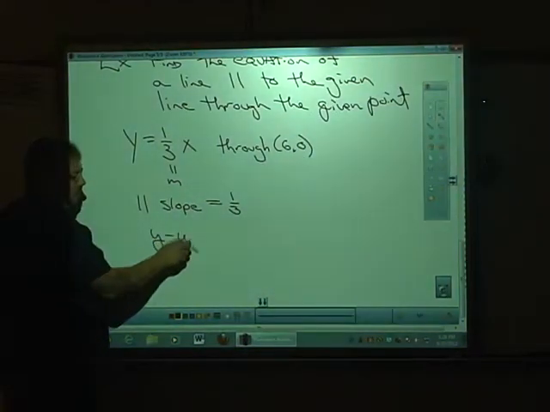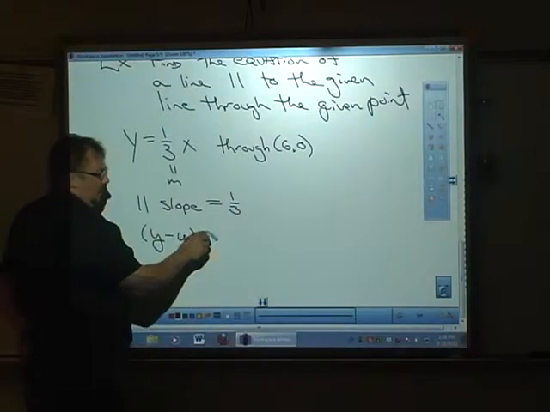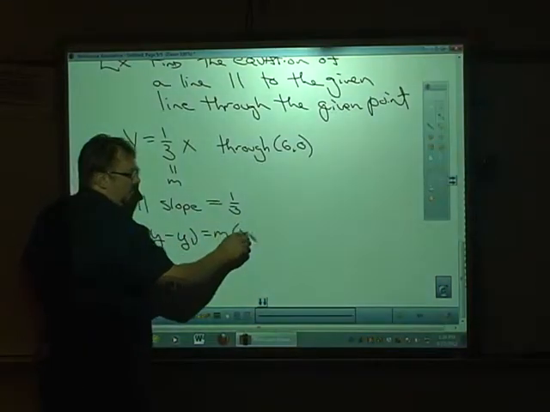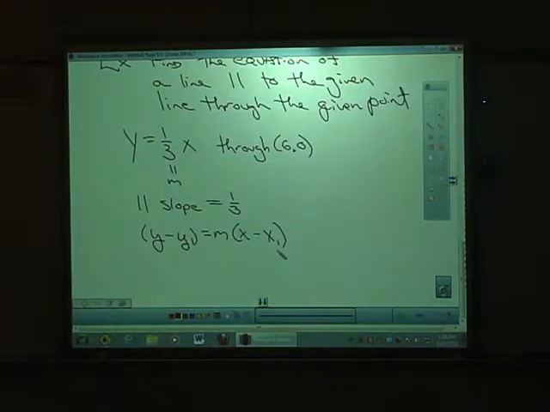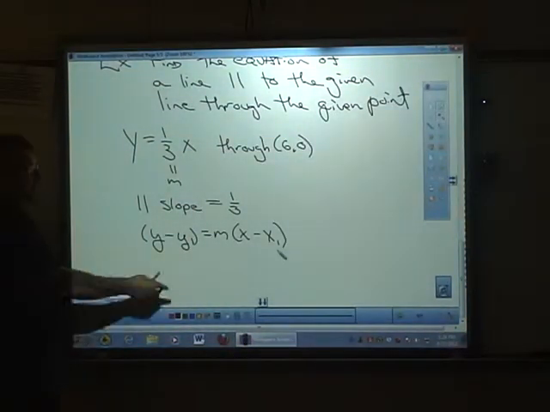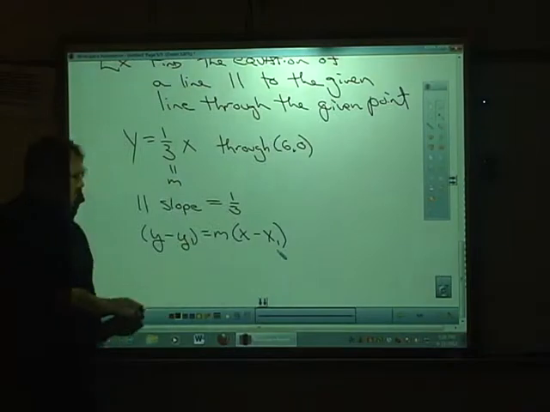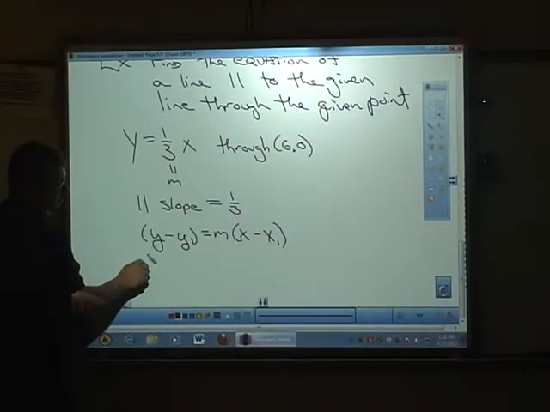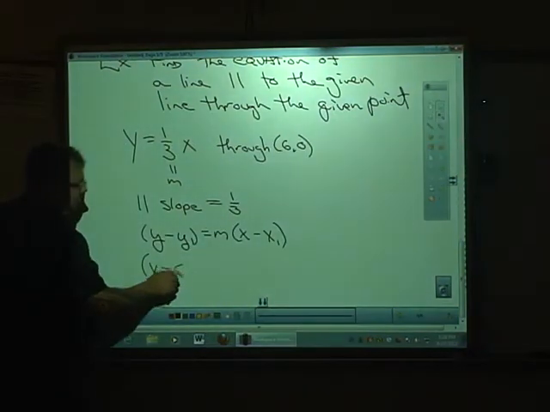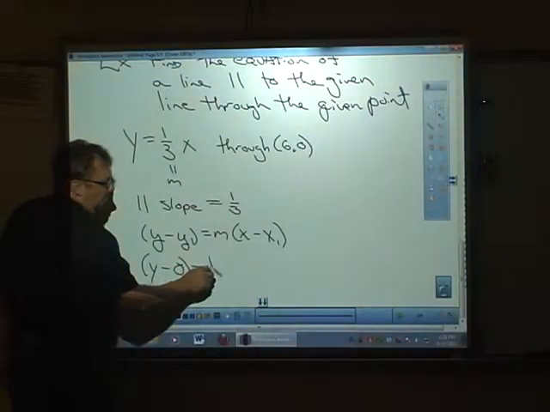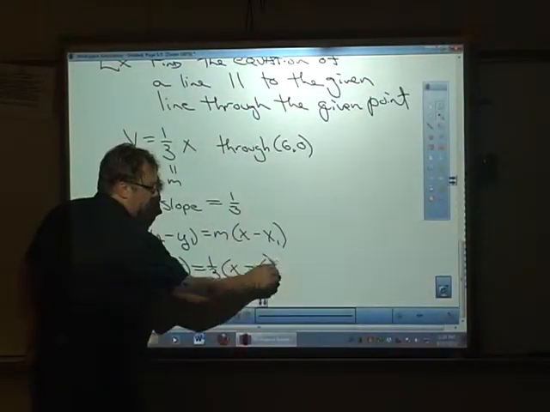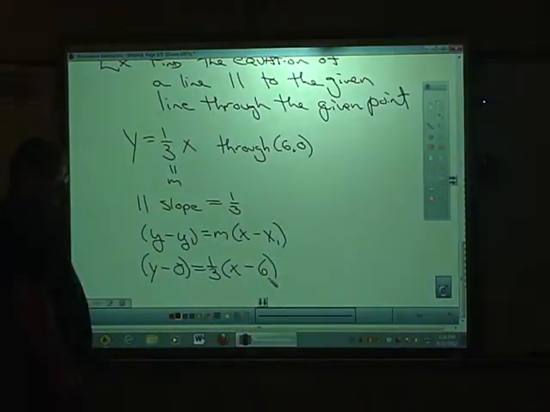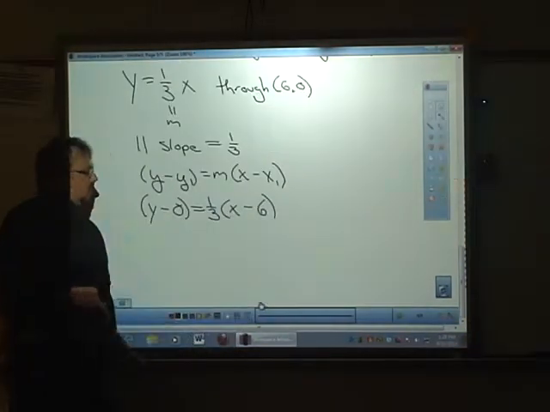y minus y1 equals m times x minus x1. Plug in my slope and my point, so I get y minus 0 equals 1/3 (x minus 6). Let's simplify that.